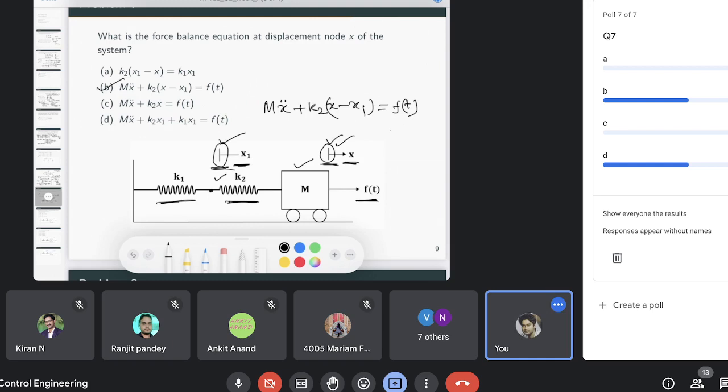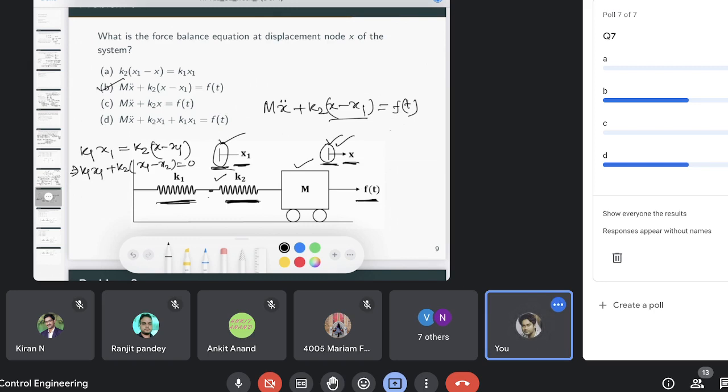So that means you have K1, this displacement here is x1. Okay, so these two forces will be equal here. This force here will be K2 into x minus x1, that we have already computed, and here it will be K1 times x1. Okay, that means K1 x1 plus K2, I just reverse this sign, x1 minus x should be 0. Then at these 2 points this equation.